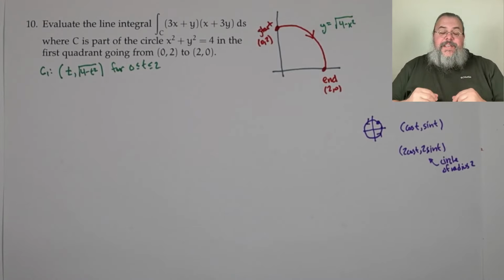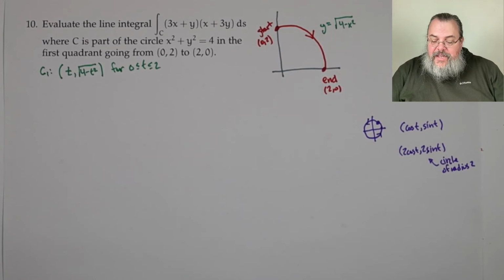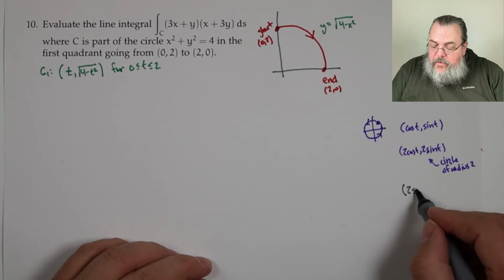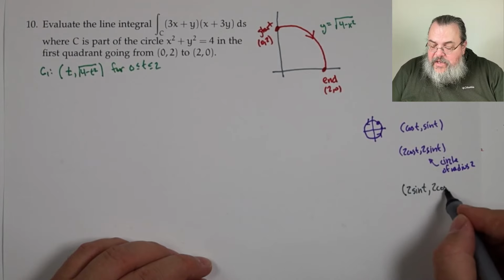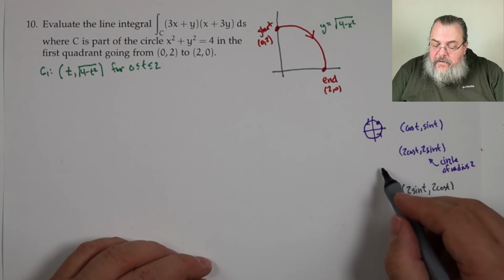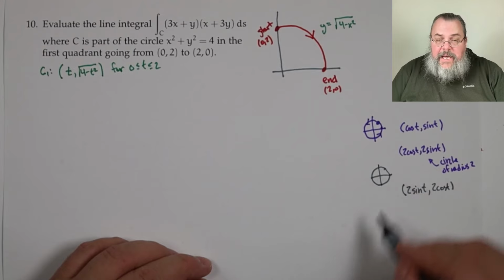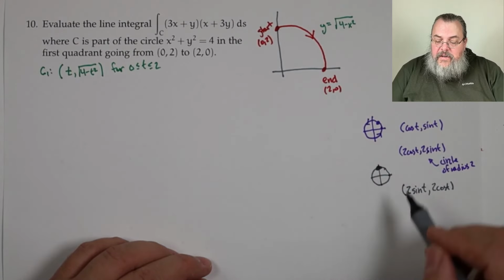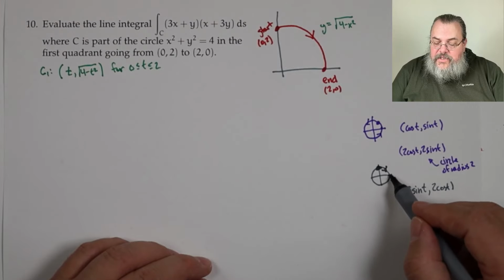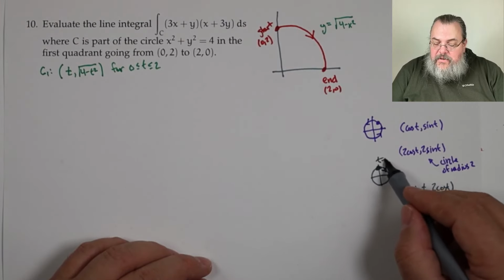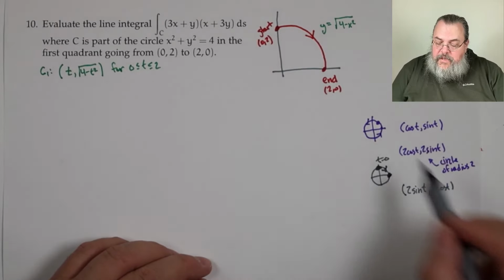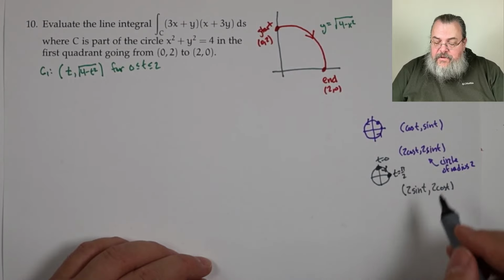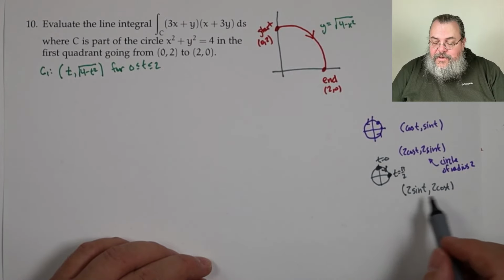If you do 2 sine t, 2 cosine t on the circle of radius 2, you start there, and then you go in the right direction. So at time t equals 0, you're at the right starting point, 0, 2, and at time t equals pi halves, you're at the right ending point, 2, 0.